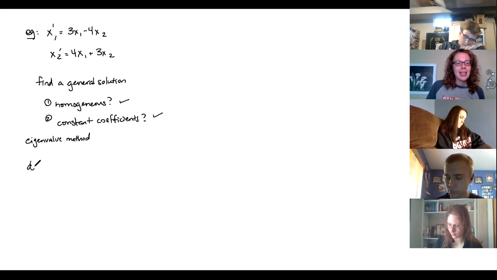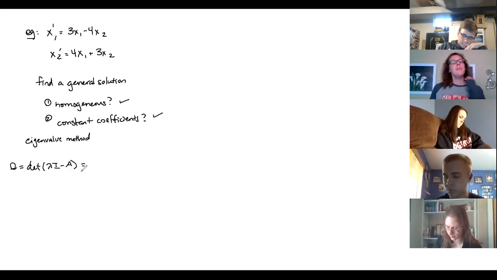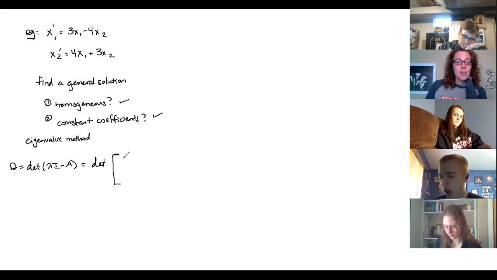And that means I need 0 to be equal to the determinant of lambda I minus A. That's my equation that I need to figure out the eigenvalues. So this is the determinant of lambda minus 3, positive 4, right? Because it would be 0 minus negative 4. So this turns into a positive 4. Negative 4 and lambda minus 3.